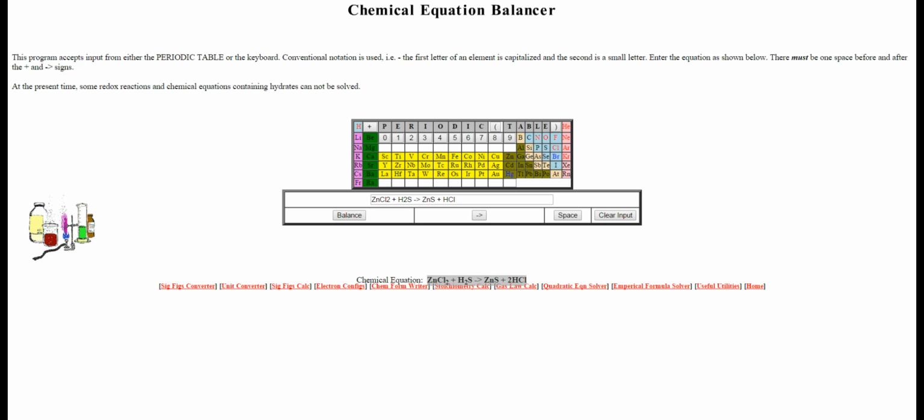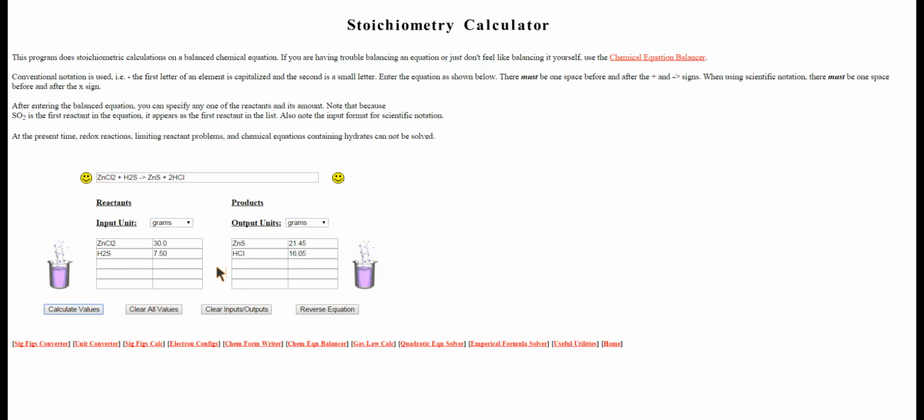Sorry. Copied this in here. Let's do that again. Clear all values. Paste your equation to here. Let me say that again because I don't think it was watching my screen. Okay, there's our equation.